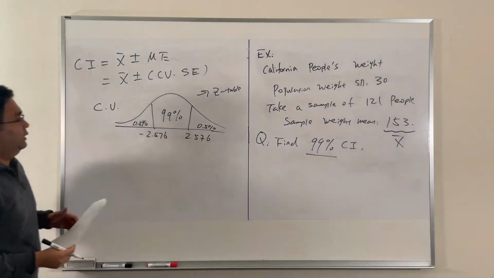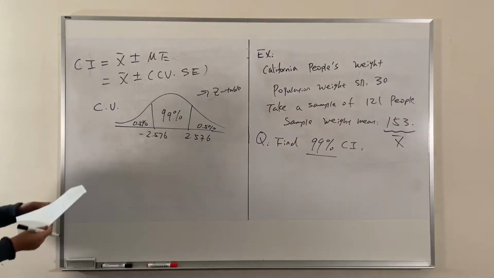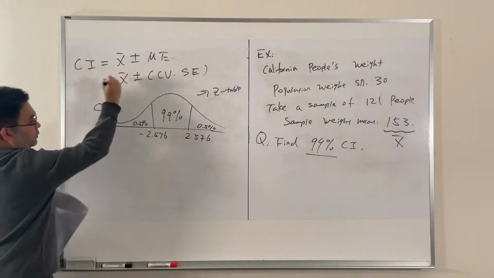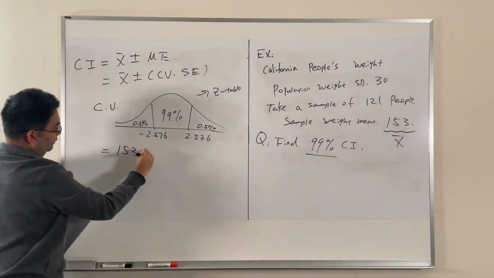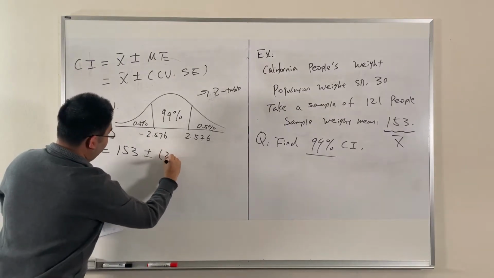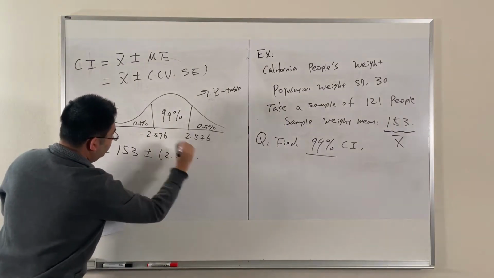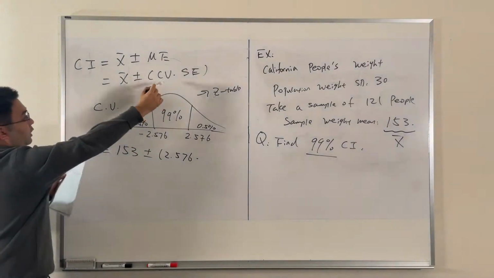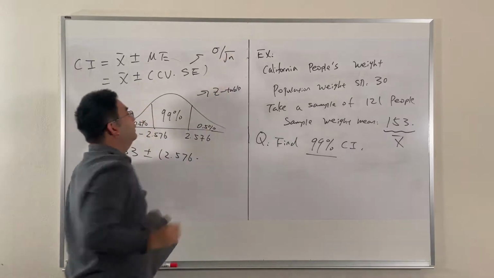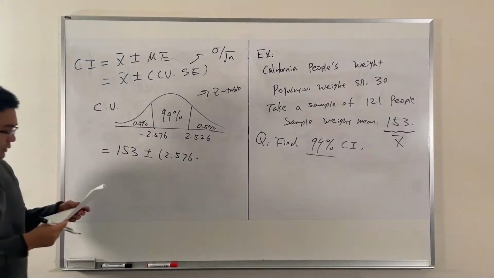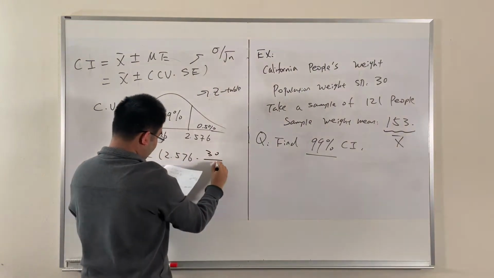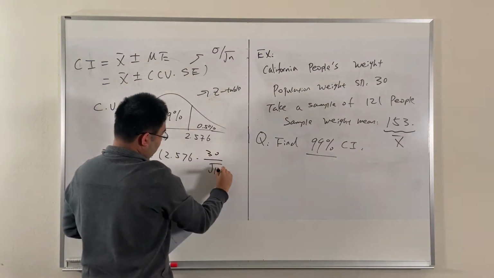We're going to use the positive value here, and then this equals x bar 153 plus minus critical value 2.576 multiplied by the standard error. The standard error formula is sigma divided by square root of n, and the sigma we know is 30 divided by square root of 121.